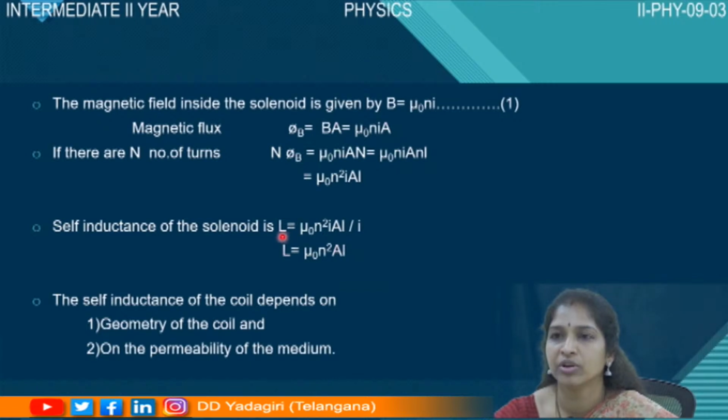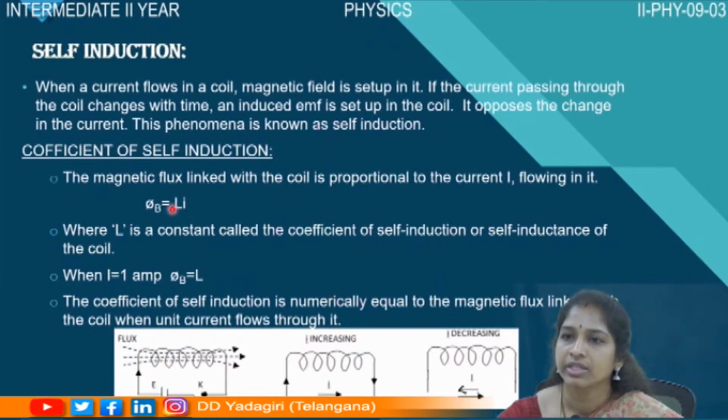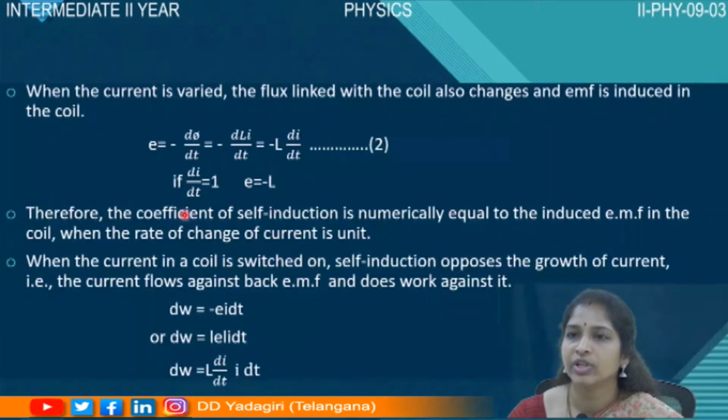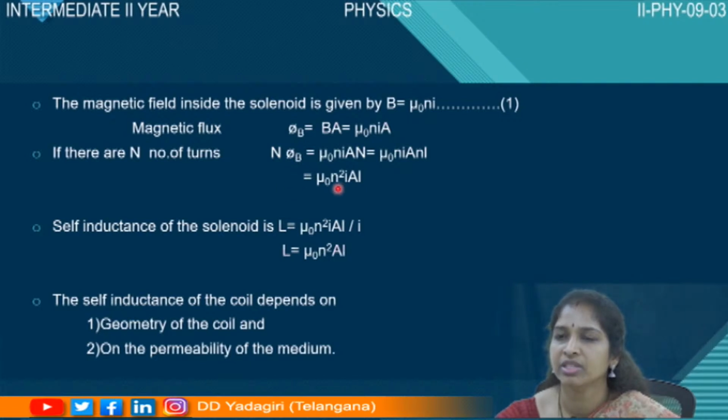So what is the self-inductance of a solenoid? We know the self-inductance L equals to phi B by I. That equation I am going to use here. We already got, due to the N number of turns, phi B as mu naught n square IAL.